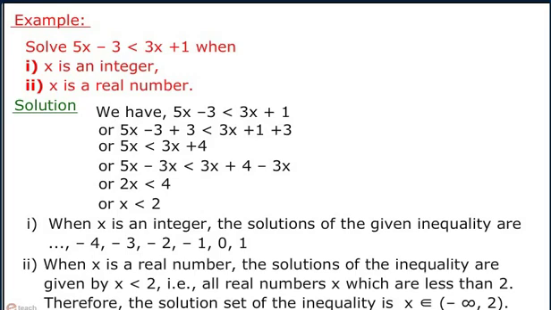In case 2, when x is a real number, the solutions of the inequality are given by x less than 2, that is, all the real numbers x which are less than 2. Therefore, the solution set of the inequality is x belonging to the set of minus infinity to -2.